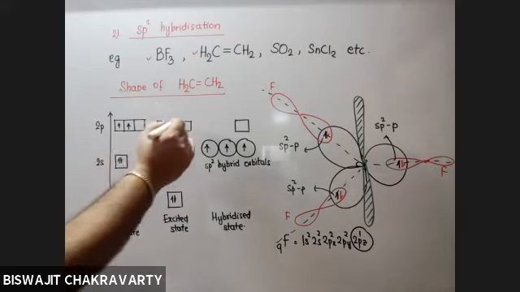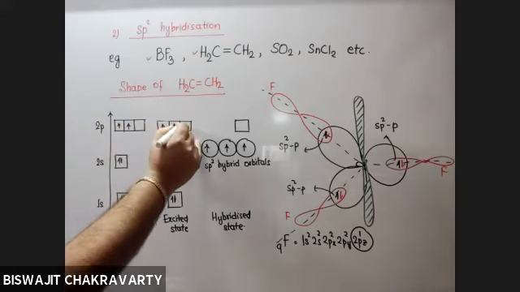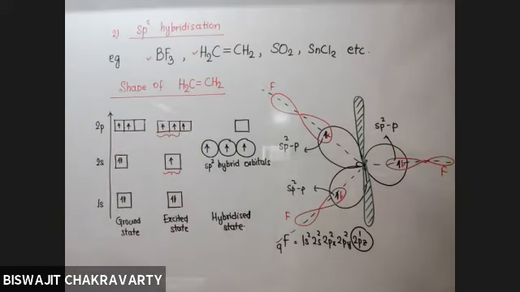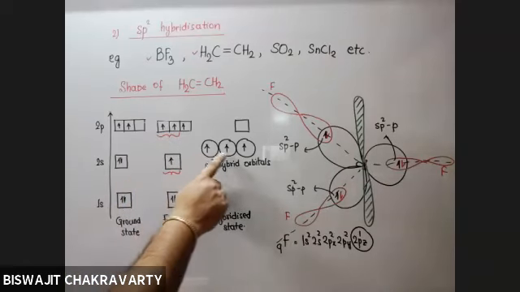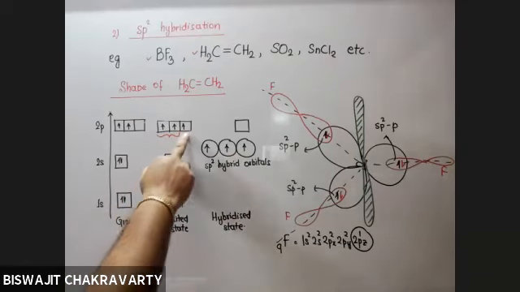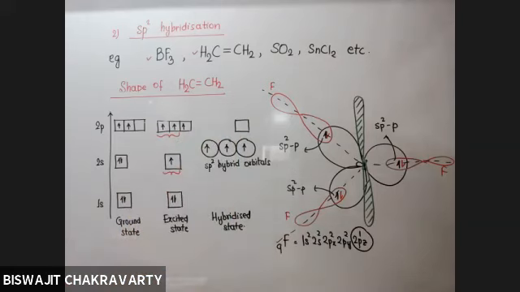And in the excited state, one of the electrons jumps, and that is 1s2, 2s1, 2p3. And because the hybridization is still sp2, this is going to intermix with these two as usual to form the three hybrid orbitals, and one of the p orbitals remains unhybridized.